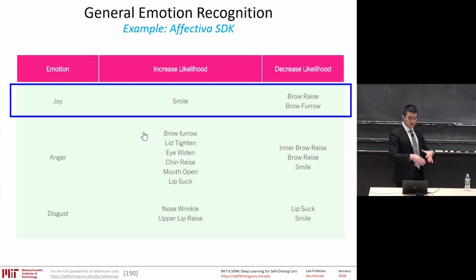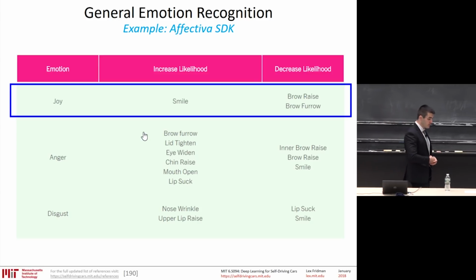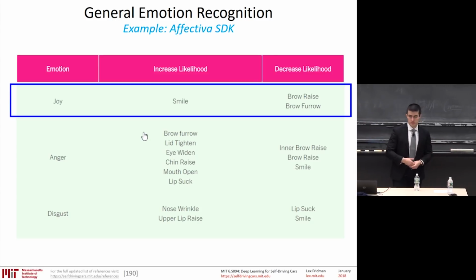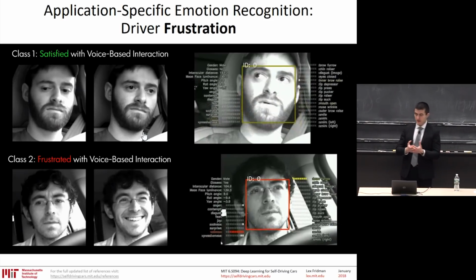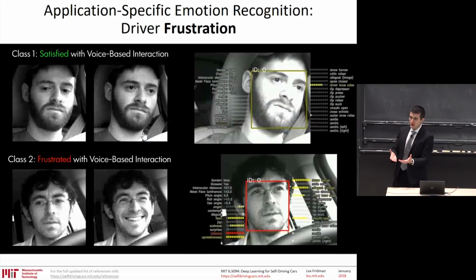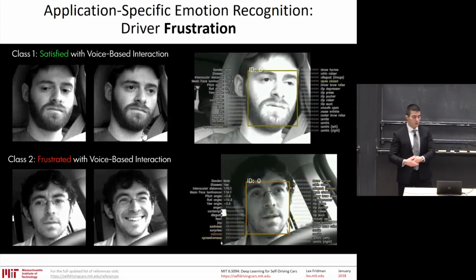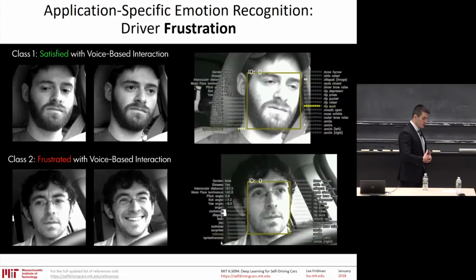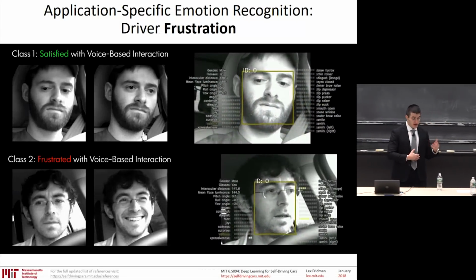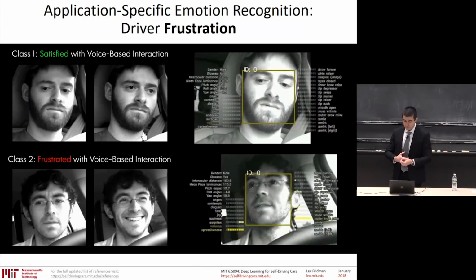That's for the general emotion recognition task. That's been well studied. That's sort of the core of the affective computing movement from the computer vision perspective. For the application-specific perspective, which we're really focused on, again, data is everything. What are you annotating? Here we have a large-scale data set of drivers interacting with a voice-based navigation system.